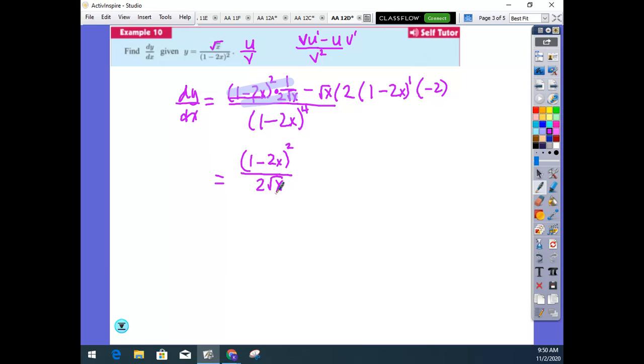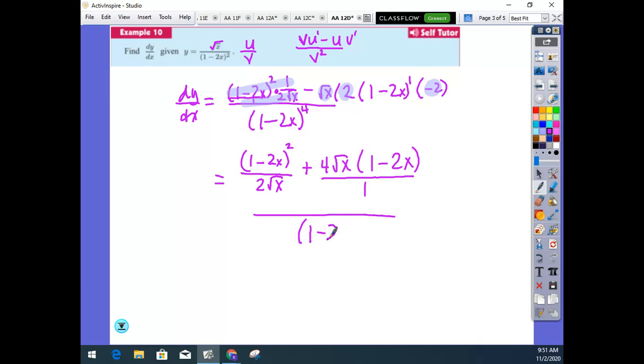Okay, now I can multiply negative 2 times the square root of x, and I'm subtracting. So that's really going to be plus 4 square roots of x times that, all over 1.